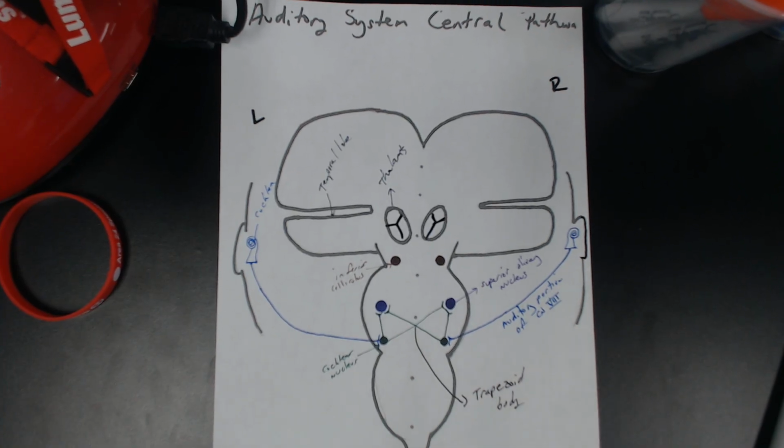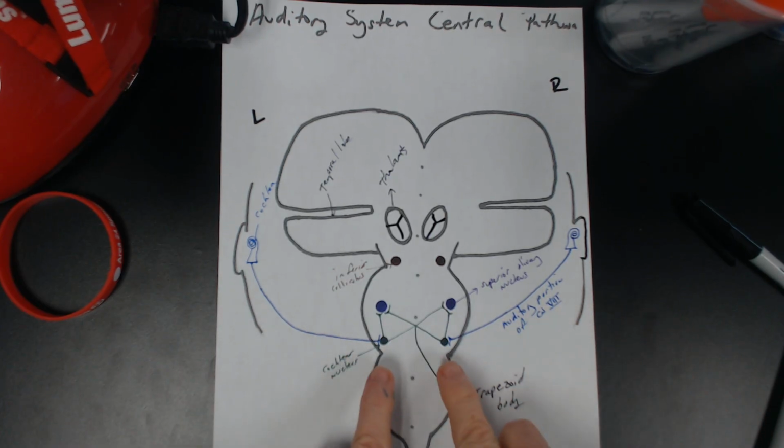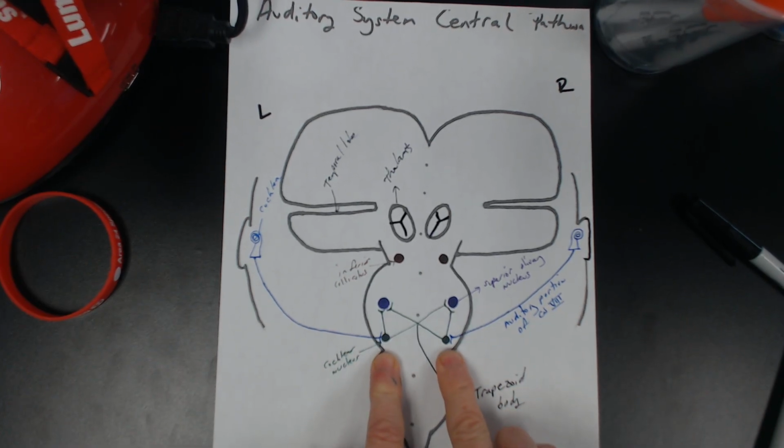And the trapezoid body is nothing more than the decussations of axons coming out of the cochlear nucleus on their way to synapse contralaterally with superior olivary nucleus. In other words, when sound comes in from one side, as long as it makes it to this cochlear nucleus, it's processed bilaterally, almost immediately. So we see that? All right.